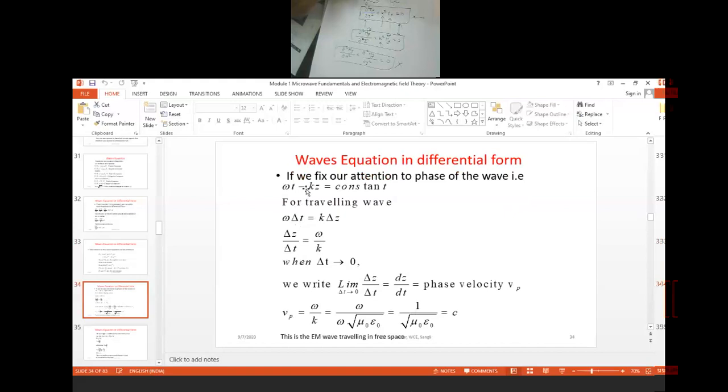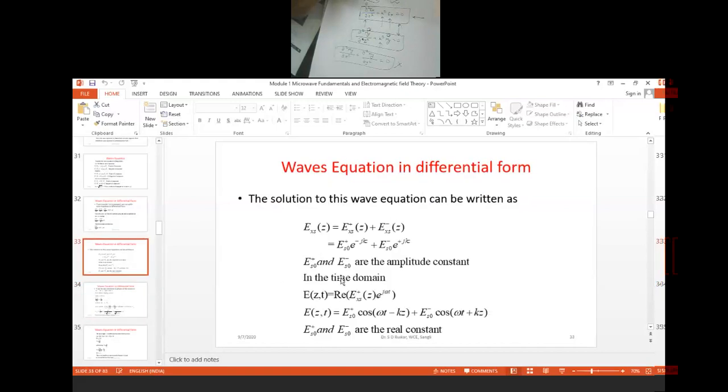Now these are the wave equations. We say that the wave is propagating, and this one is the wave in the time domain. It is E of z,t, the electric field vector varying with z, and it has the component in X, the electric field vector in terms of x. That's why they have written the time domain electric field vector.